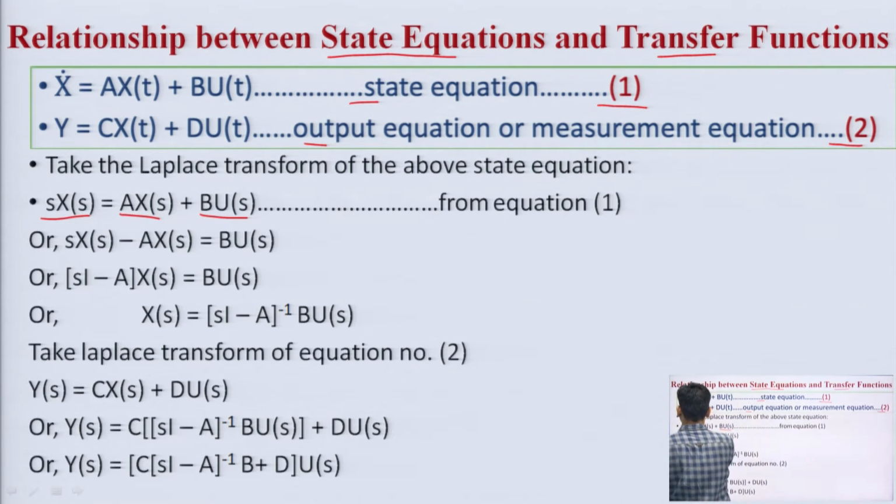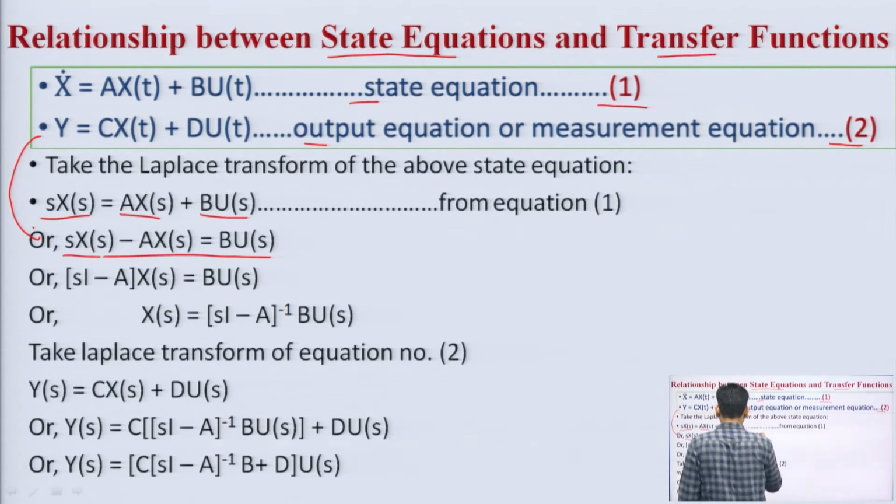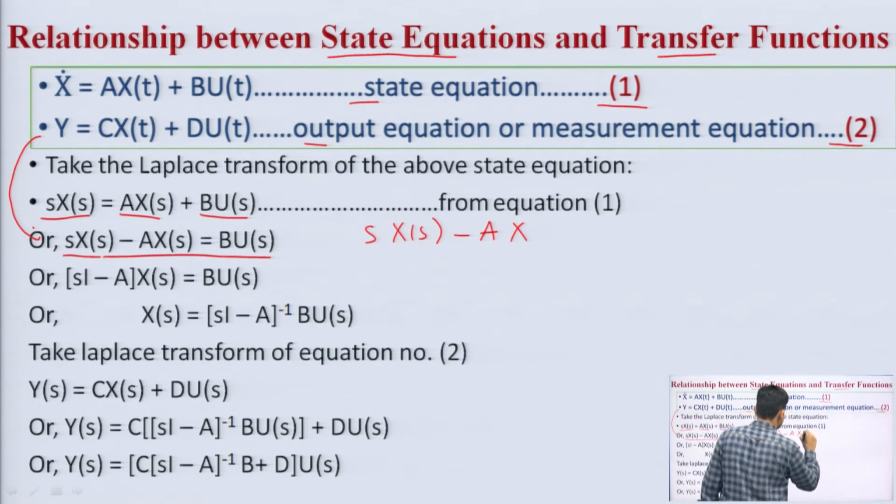Okay. In the same way, if we solve it, s X(s) minus A X(s) equal to B U(s), basically just a little bit of mathematics. So, here s is a constant parameter. If I take common X(s) from here, you can say s X(s) minus A X(s).